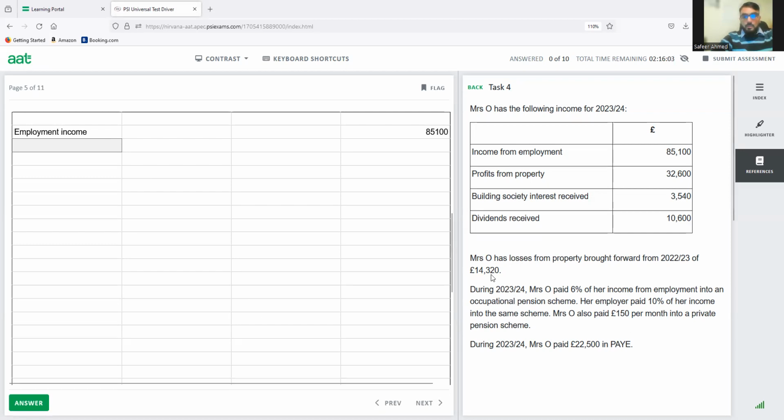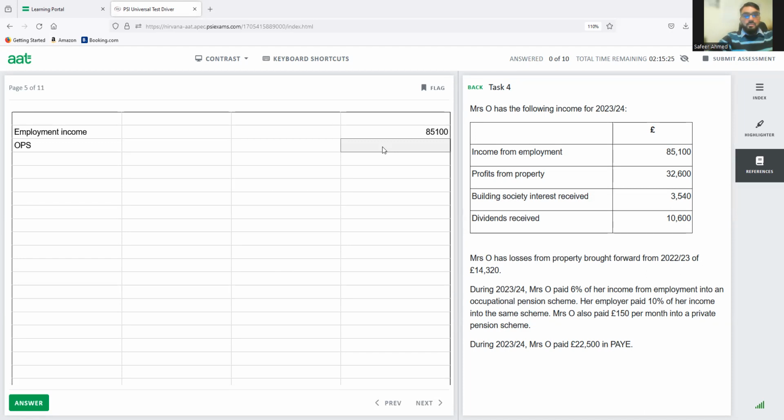Now, if you read out this information, it is given to us that during 23-24, Mrs. O paid 6% of her income from employment in an occupational pension scheme. So we know that these contributions will be tax-free. So whatever the employee's contributions to the occupational pension scheme, we can deduct them from the employment income here.